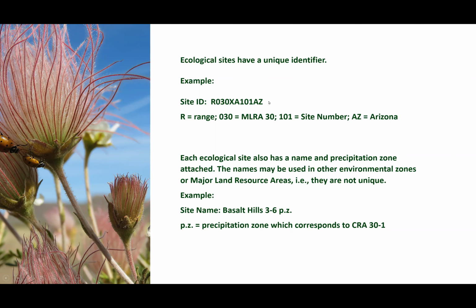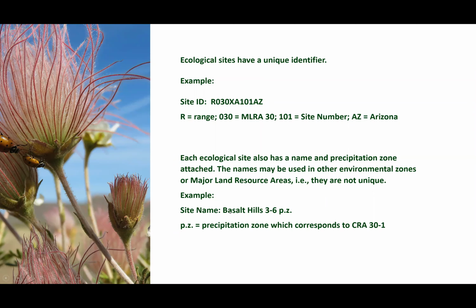If it was described in Utah, it would have a UT after it, and so on. They also have a name and a precipitation zone attached to the name. And the thing you need to remember about this is that these are not unique. That same name can be used in different areas, although the vegetation may be different because it's in a different major land resource area or common resource area.